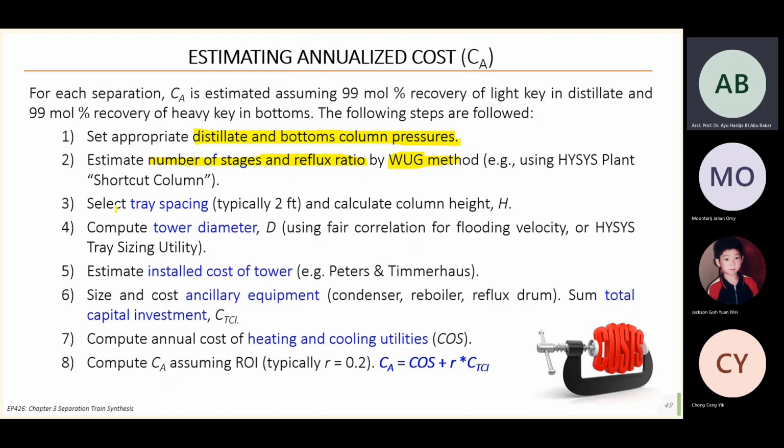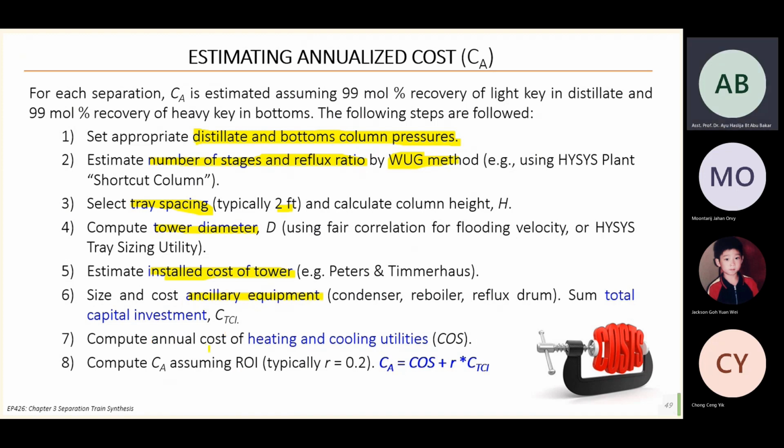Step 3: select tray spacing, typically 2 feet. This one you have done in PED, right? Then compute tower diameter, then estimate the install cost of tower. Calculate the size and cost of the equipment.